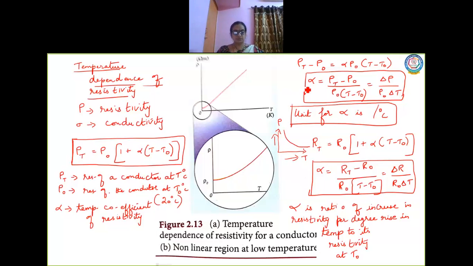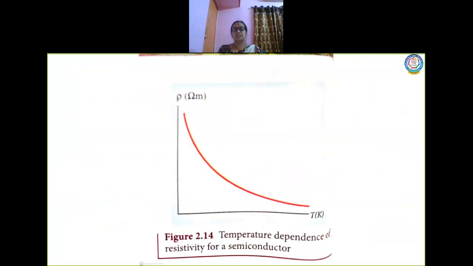Now in your textbook there is a tabular column on page number 98, where they have talked about the temperature coefficient of different materials. Now look at this graph. This is a graph for temperature dependence of a semiconductor. Temperature is along the x-axis and resistivity is along the y-axis.